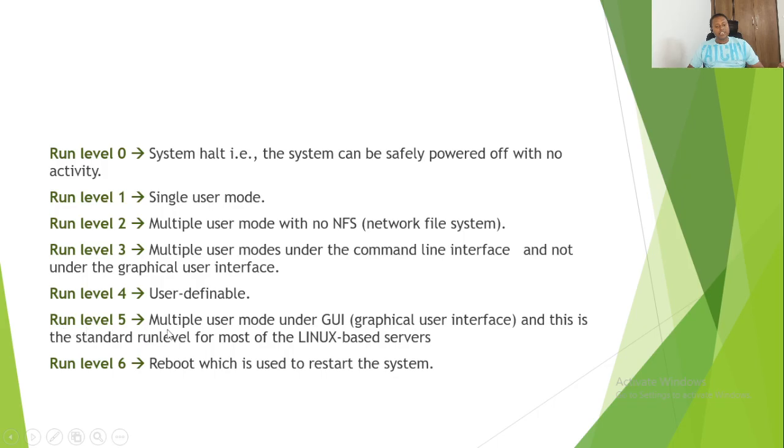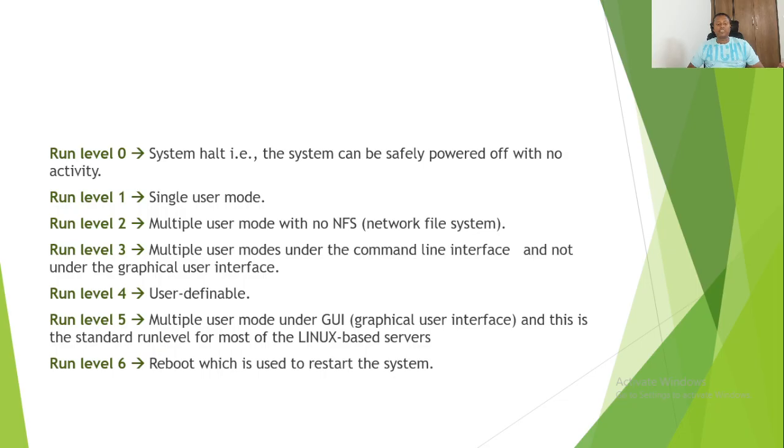Run level 5. Multi-user mode under GUI, and this is the standard run level for most Linux based servers. So it means multiple users can log in at a time and it will give you GUI. GUI means graphical user interface. It will give you some Windows kind of graphical thing, like you can see the file and folder through the console itself.